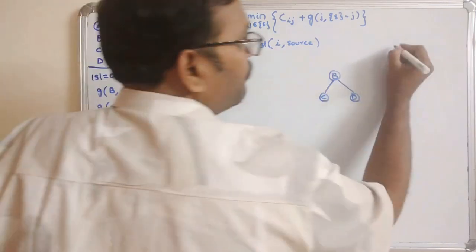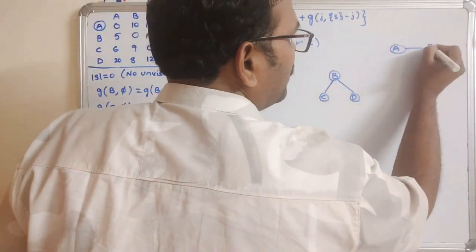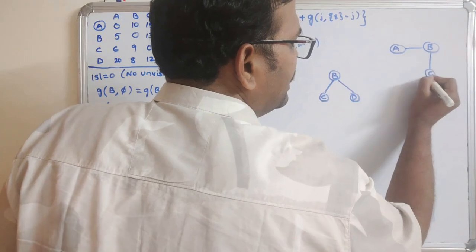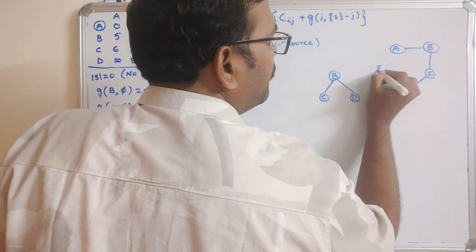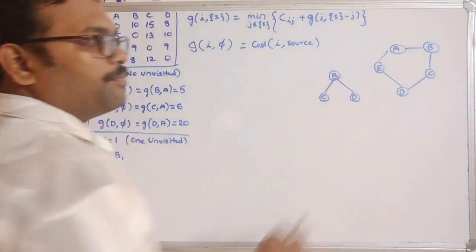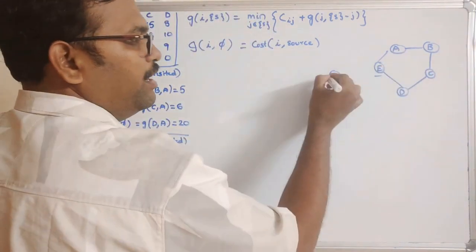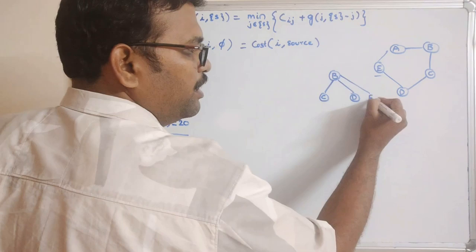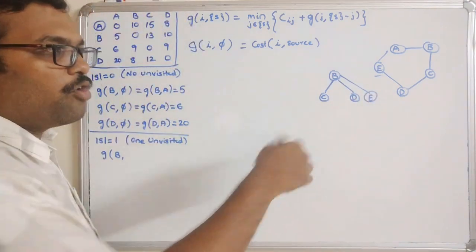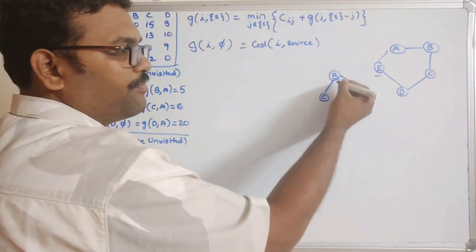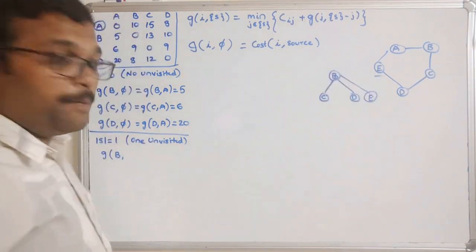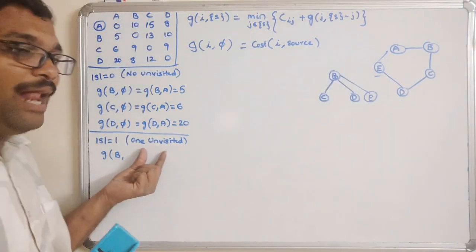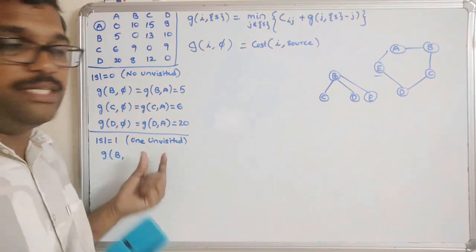For example, if our graph is having one more vertex like B, C, D, E, then there is one more possibility, E. So we need to check the cost for each and every edge: B to C, B to D, B to E. That means the set contains only one unvisited vertex.